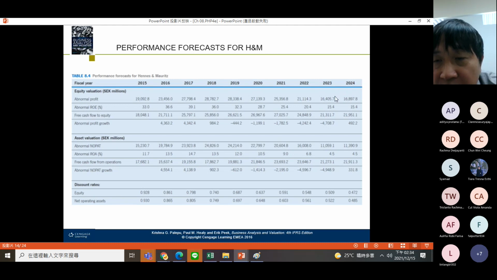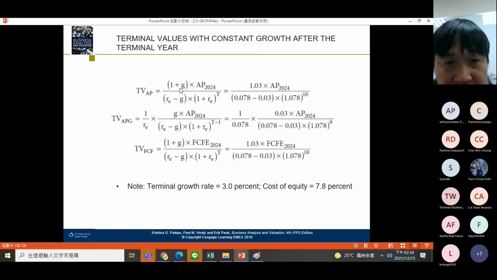So you use the 10 cash flows, the 2024 last year, times 1 plus G over R minus G. Here it is 1 plus G times the 2024 abnormal profits, over R minus G, and times 1 plus G to the power of T. That 1 plus G to the power of T is how you discount the future terminal value to present value.